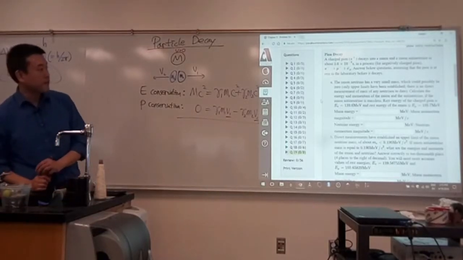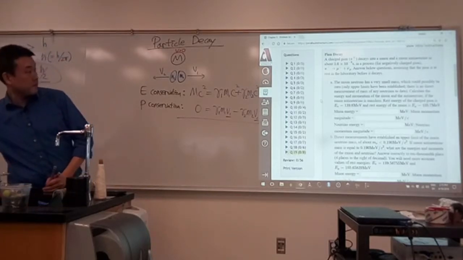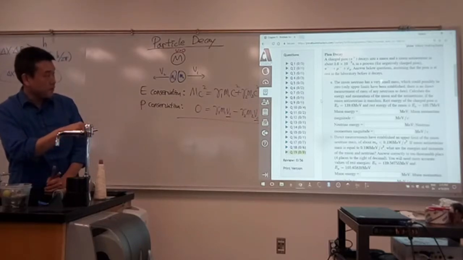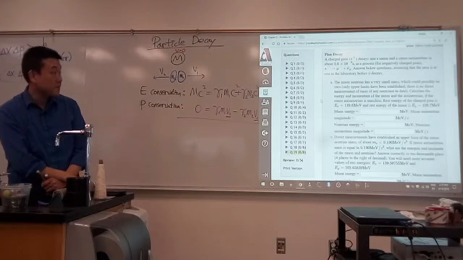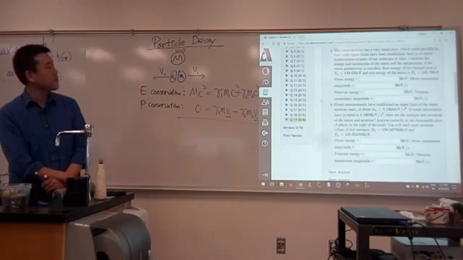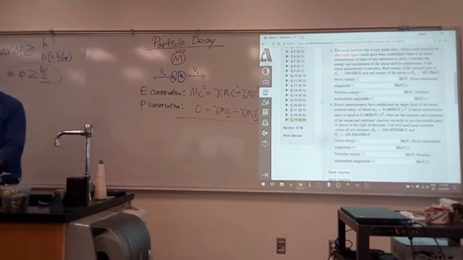What the question is asking is to answer the questions below assuming that the pion is at rest before it decays. The muon neutrino has a very small mass, which could possibly be 0. This is where it could involve a substantial amount of algebra. So it's not as easy as I thought it was. You have two choices essentially.